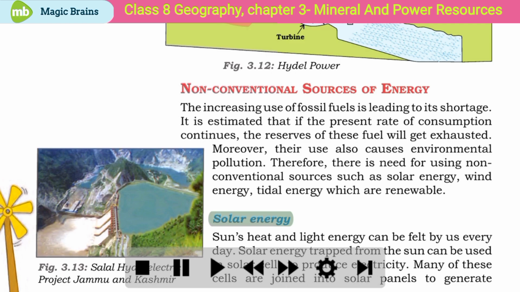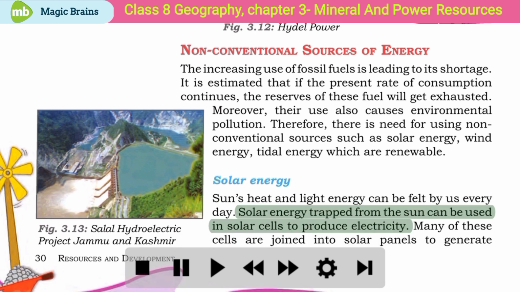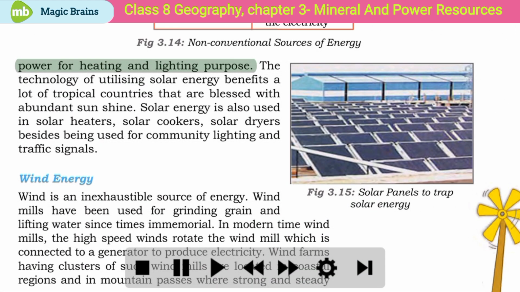Solar energy. Sun's heat and light energy can be felt by us every day. Solar energy trapped from the sun can be used in solar cells to produce electricity. Many of these cells are joined into solar panels to generate power for heating and lighting purposes.